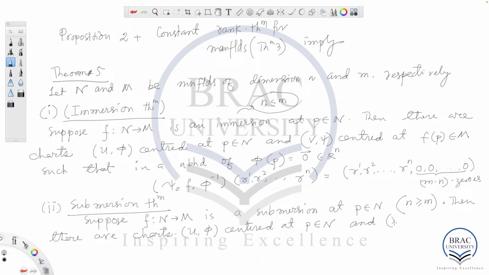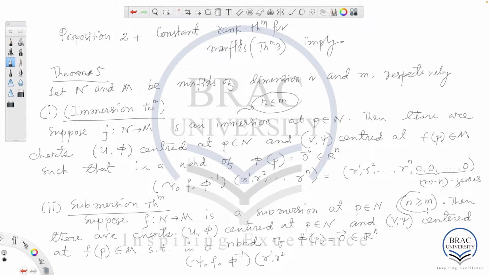and (V, psi) centered at f of P in M, such that in a neighborhood of phi of P, and again phi of P is equal to the zero vector in R to the n, one has psi composed with f composed with phi inverse at R1, R2.